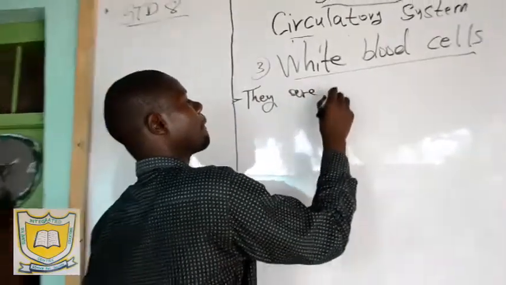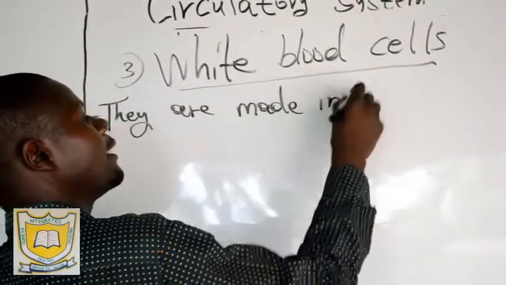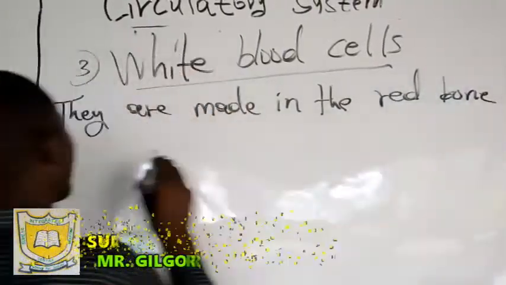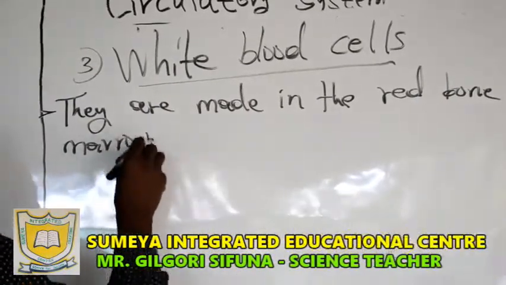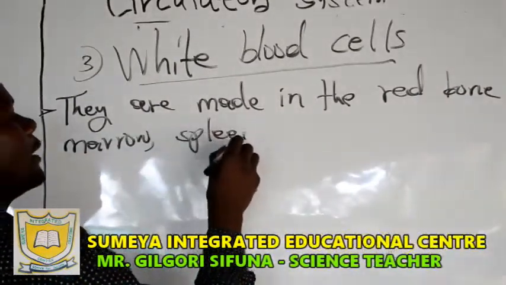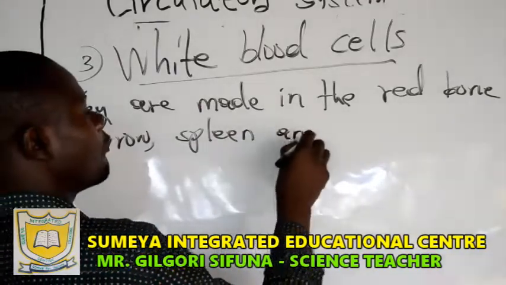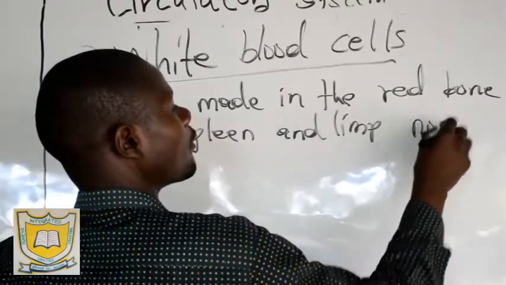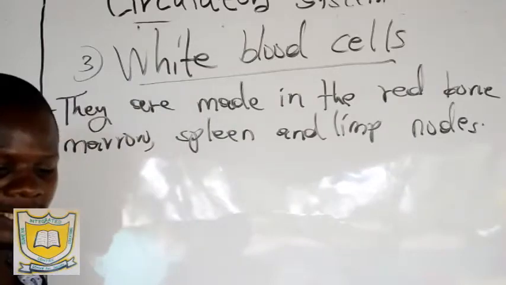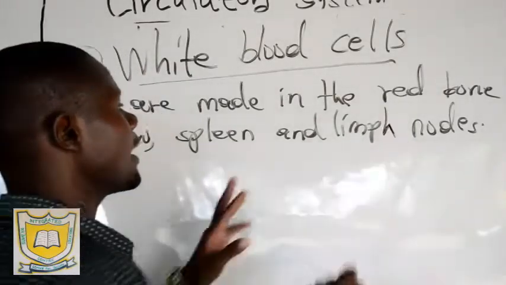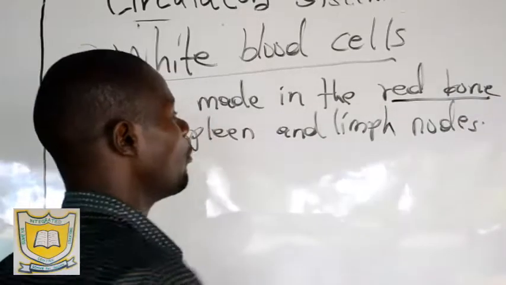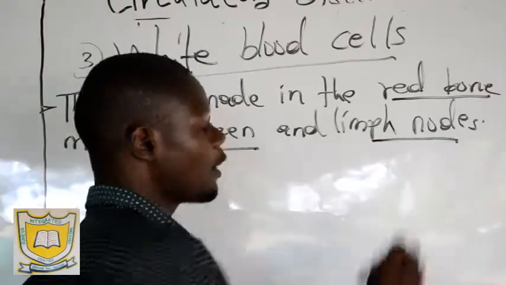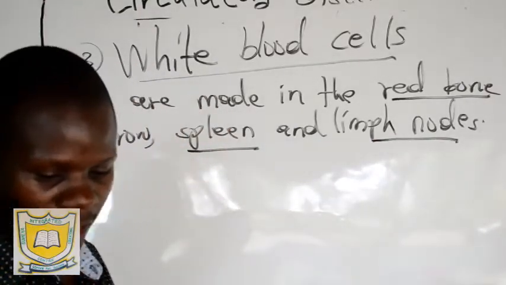They are found in 3 places: they are made in the red bone marrow, they are also made in the spleen, and lastly they are also made in the lymph nodes.